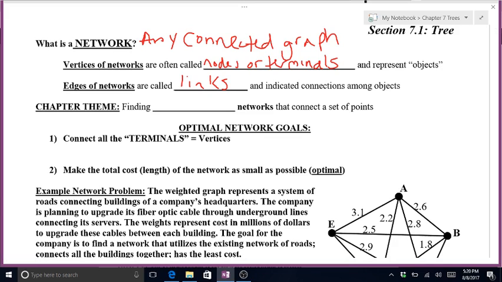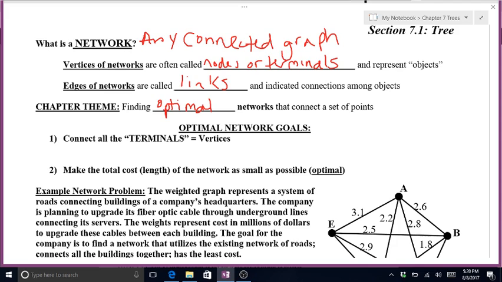This chapter's theme is we're finding optimal, okay, so there's that word again, networks that connect a set of points. So we're still trying to find the fastest or the smallest way to connect points. Our goals of this chapter are, number 1, connect all the terminals, which is the same thing as your vertices.